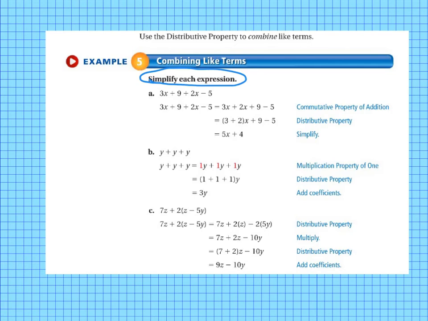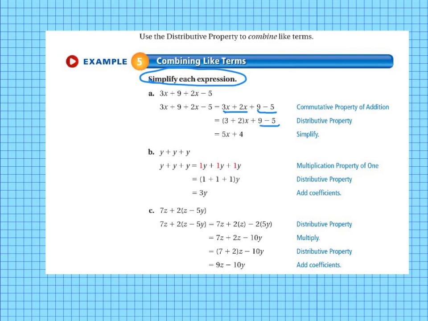So we have the 3x and the 2x, so we're going to put those together because they both have x's, and then the 9 and the 5 are constants, so we put those together. So they're with the neighbors that are the same as they are. And then we use the distributive property, so we put the x on the outside of a set of parentheses, and we put the 3 and the 2 inside because that x is multiplied by both of them. And then we have 9 minus 5.